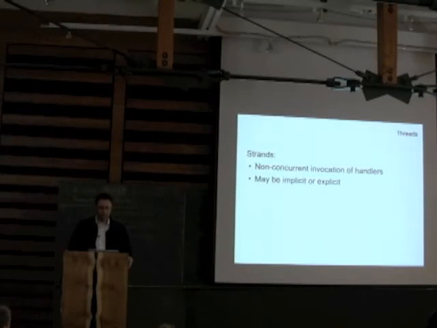Another example of an implicit strand is when you just have a single chain of asynchronous operations. You never have more than one outstanding asynchronous operation at a time, and so once again you cannot have the logic execute concurrently. But of course, in any complex application, you're going to be running multiple asynchronous operations simultaneously, and so you do need to deal with the fact that your completion handlers could run on any thread.